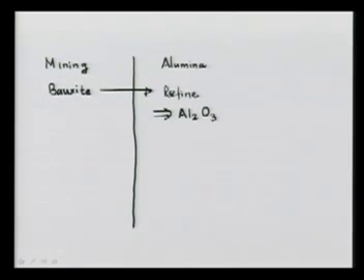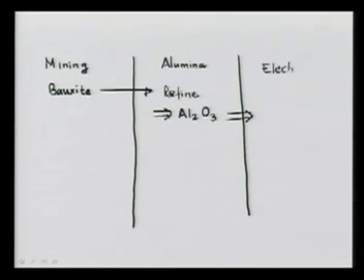And once we have the alumina ready with us, the next step is to take this aluminium oxide, or alumina, to the process called electrolysis. What we do here is produce the aluminium through electrolysis, and this process is essentially Al2O3 going to aluminium plus oxygen.